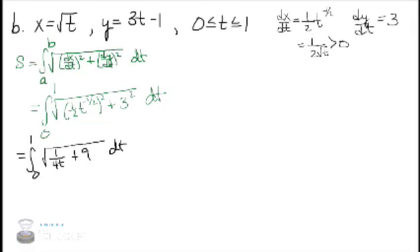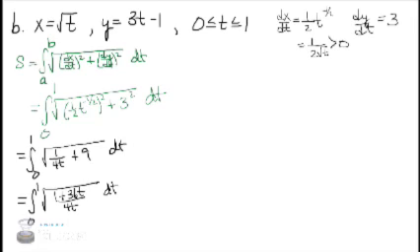And I don't see a nice u substitution that we can do here. So we're going to add these two fractions together. So we have the integral from 0 to 1 of the square root of 1 plus 36t over 4t dt.